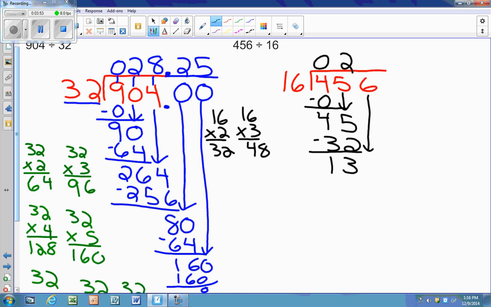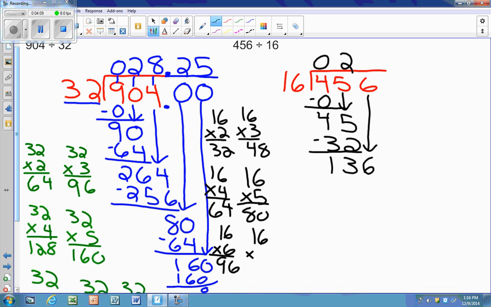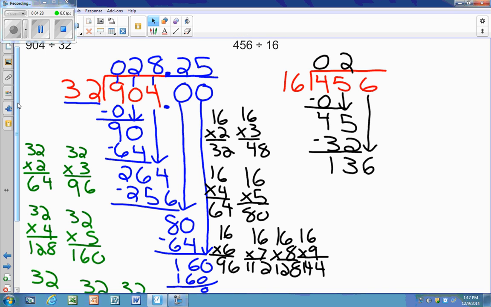And I bring down my next number. And I keep doing my multiples of 16 on the side. And when I do my multiples out, I see that it's going to be 8.